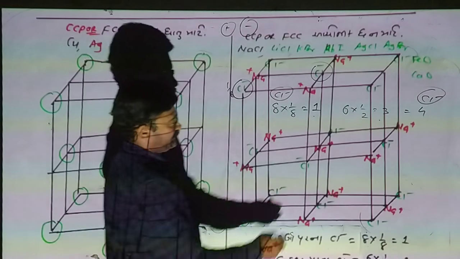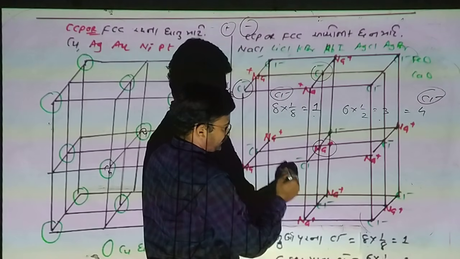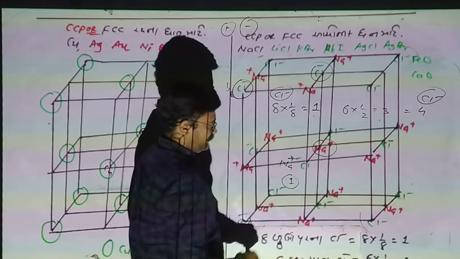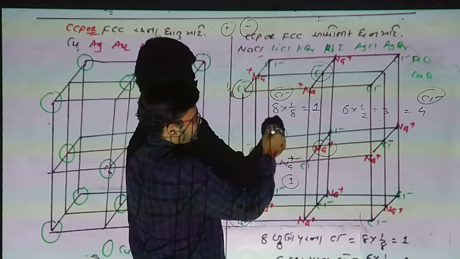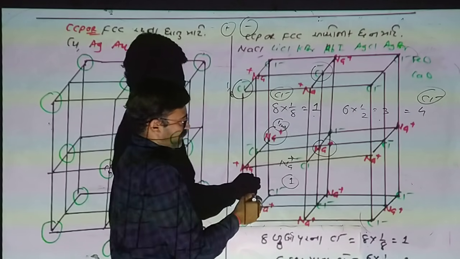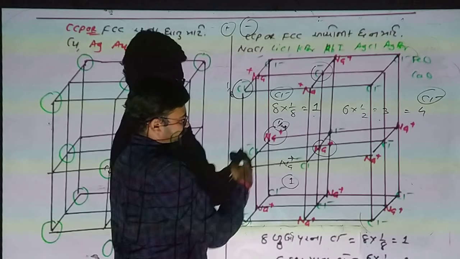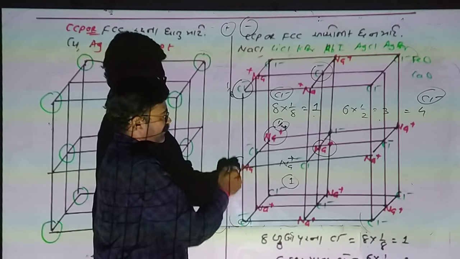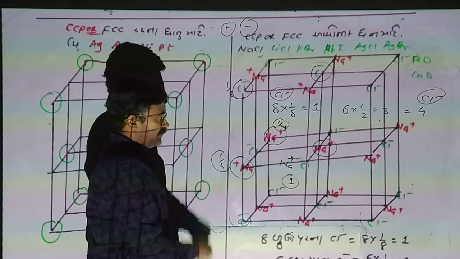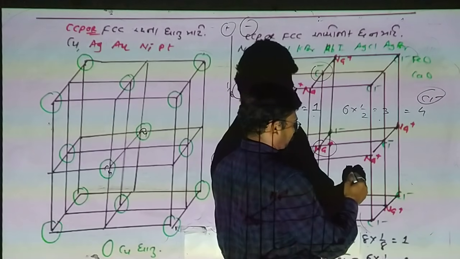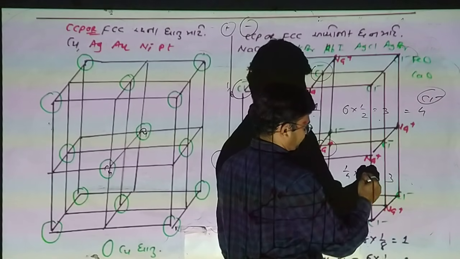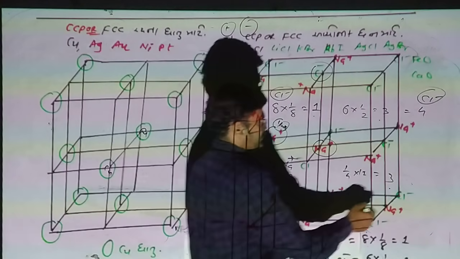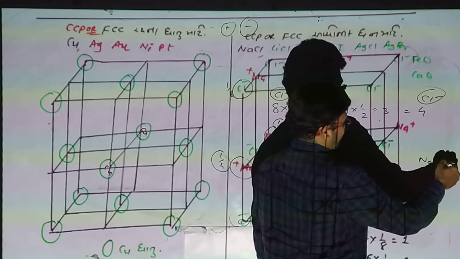And now sodium. In the center there is 1 sodium. And on the edges, 1/4th portion of it belongs to the unit cell. So 1/4, how many times? 12 times, so 3. So 3 plus 1, so 4 Na plus ions.